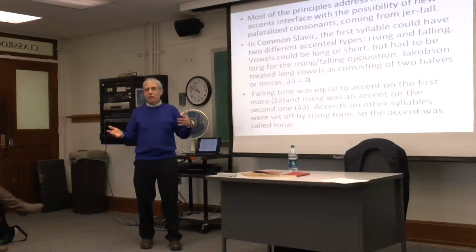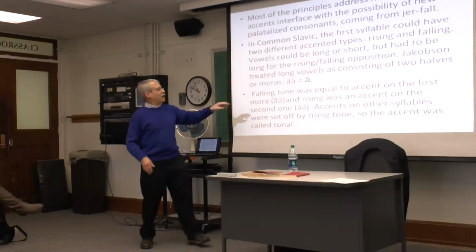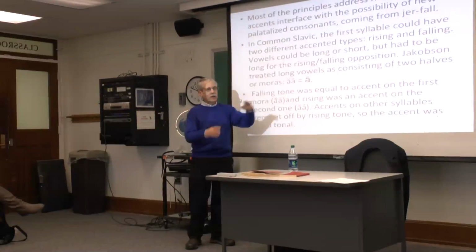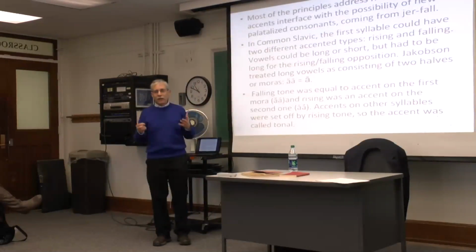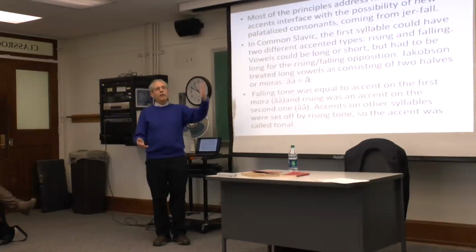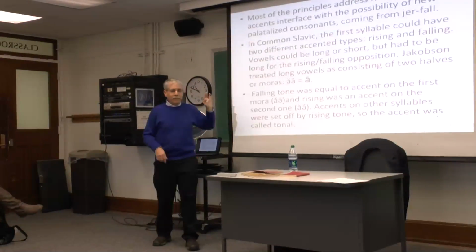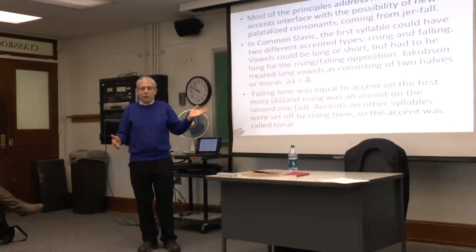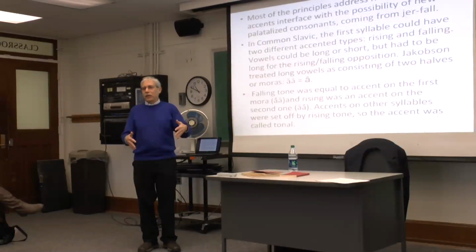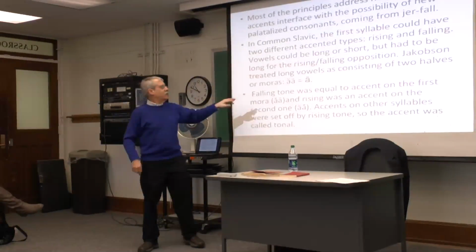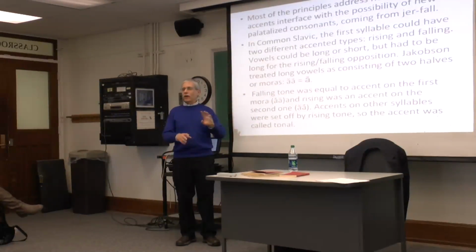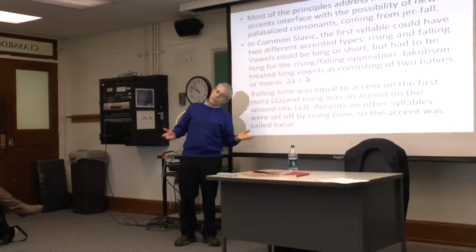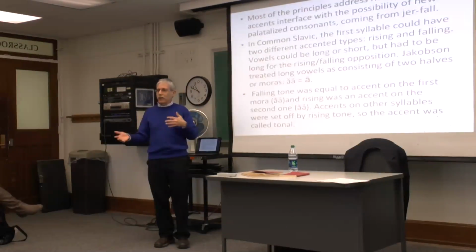But the idea is in Common Slavic, beside having pitch on a single accent, you could have a long word where you had one syllable different than another. And in that particular case, it would be high pitch that would set the accent off instead of loudness. Now, by the way, in various Asian languages like Chinese, you have a different kind of pitch. So I want to just make clear, this is a multi-syllable tone. This is a situation which Jakobson feels is analogous to Japanese, but not Chinese.